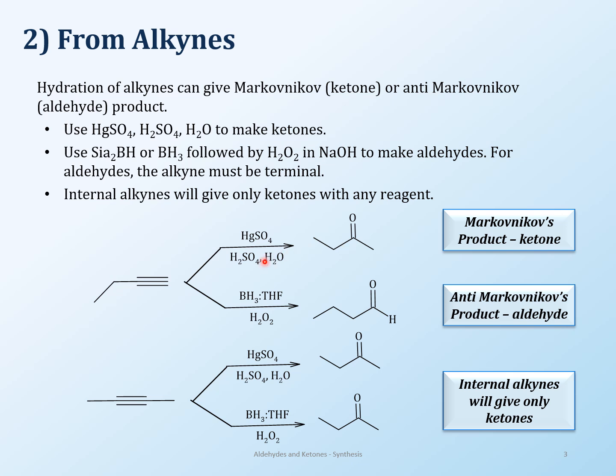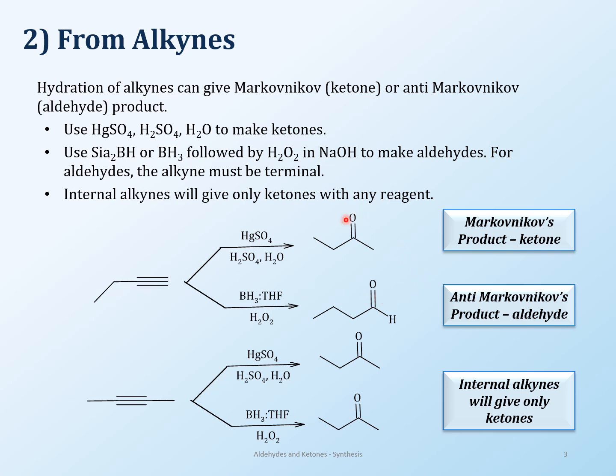You can make a ketone using mercury sulfate and sulfuric acid, or if you want to make an aldehyde, which is a terminal group, you have to use borane, or any other reagent related to borane. You use that and you get an aldehyde. For that, you have to have a terminal alkyne.